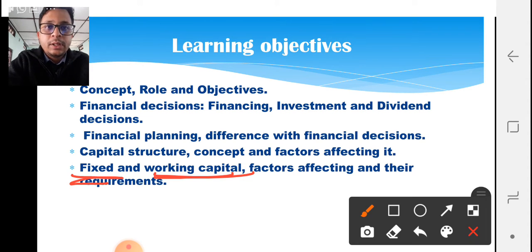Take for example, a fixed capital expenditure is buying a particular machine. To maintain that machine, whatever activities are required, like paying the electricity bills of that machine, or maintenance charges, or regular payment of salaries to the employees, all those things will be discussed under maintenance of working capital or working capital management.